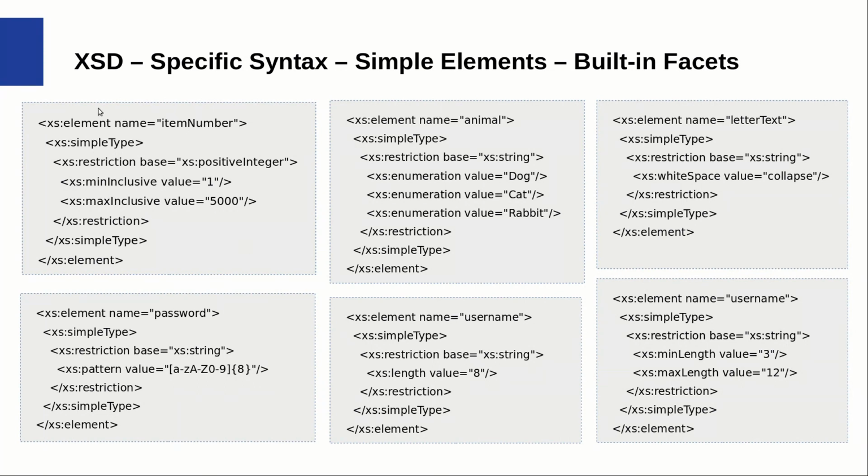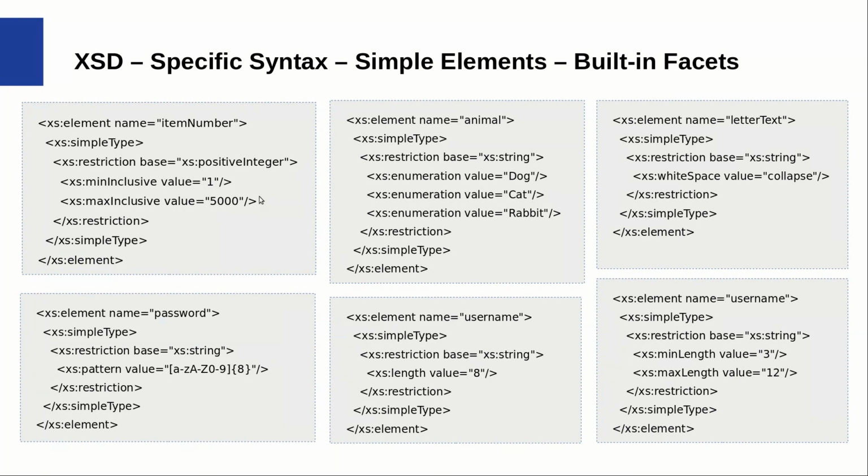So the content of this item number element in the XML instances will be any text content of positive integers starting from 1 and going through 5,000.